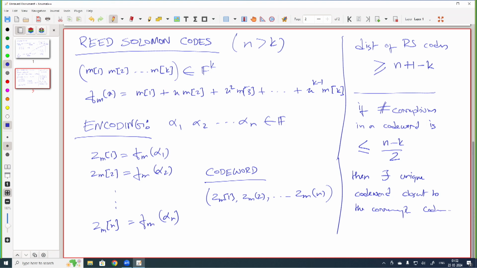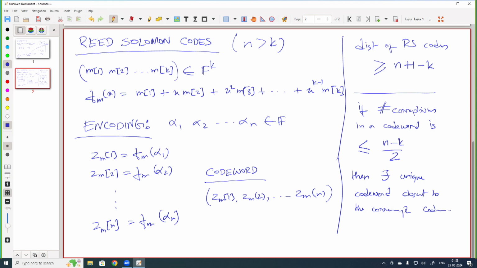So if I encoded my message using this scheme and sent it from my satellite, and I am guaranteed because of my external assumptions that the amount of corruption, the amount of messages destroyed or manipulated, is less than or equal to this number, then whatever I have received, it may or may not be a code word, but it is closest to a unique code word.